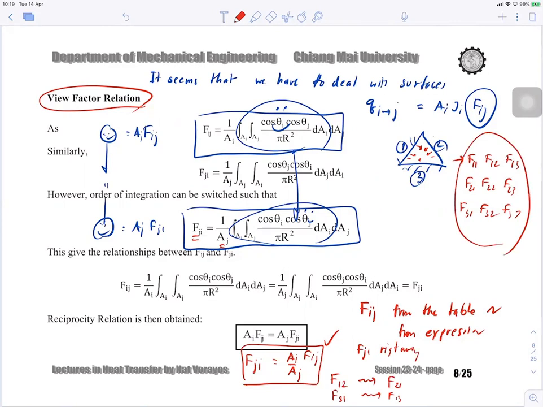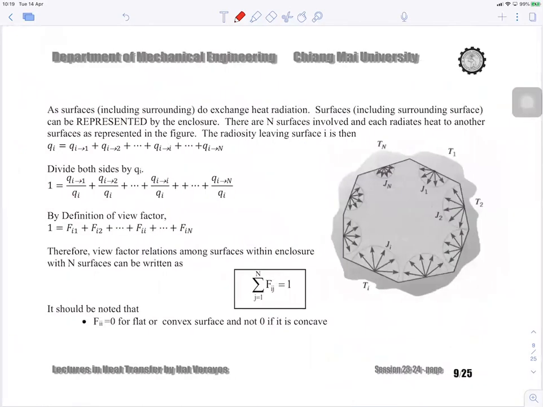You don't have to go to the table or the plot or the expression or cross-string method 9 times. No, you probably deal with just only 4 or 5. Okay, and the rest you can find using the reciprocity relationship. Okay.